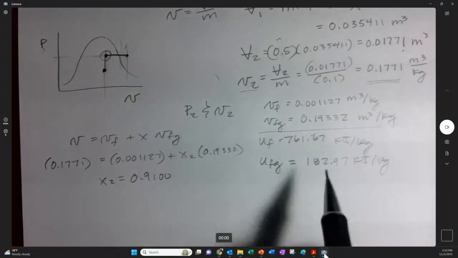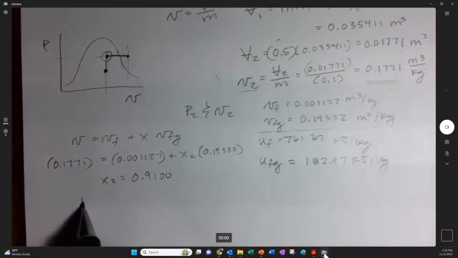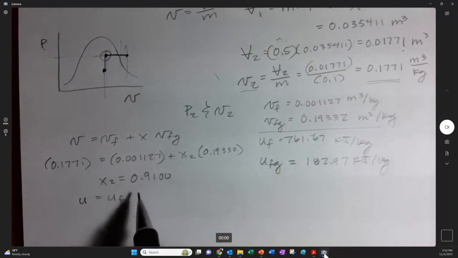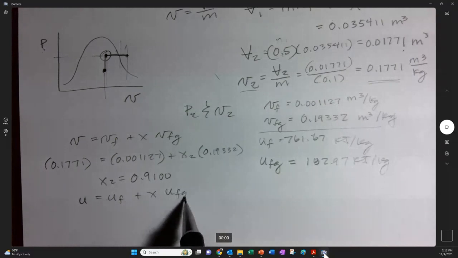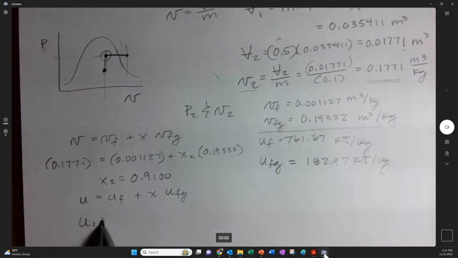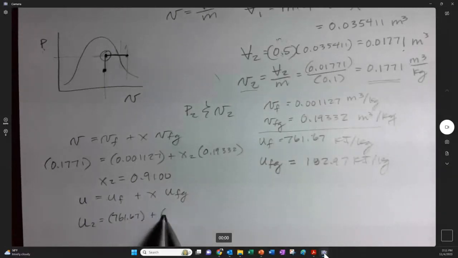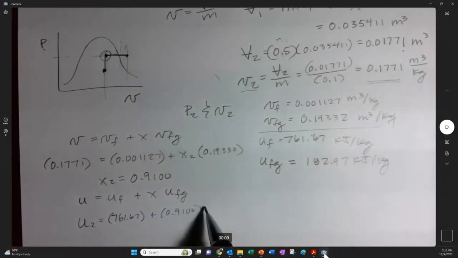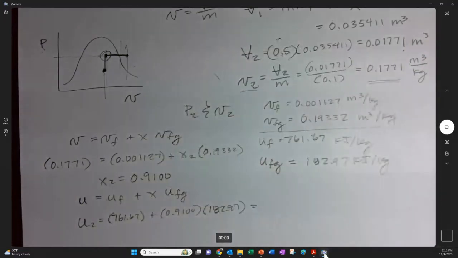0.9100, so 91%. And I'm pretty sure I need this u, so I'll go ahead and use u is equal to uf plus x times ufg, and find out what the u2 is going to be: 761.67 plus my 0.9100 times 182.97.